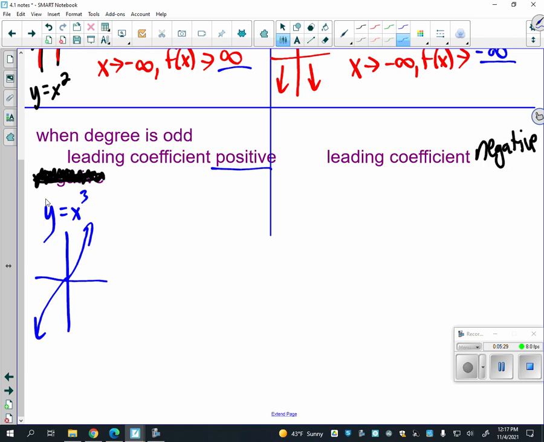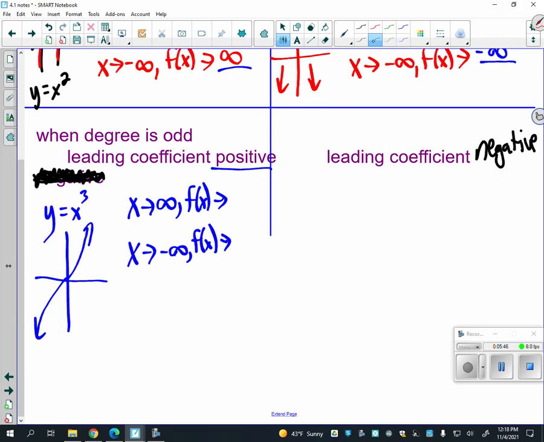For every odd degree function with a positive leading coefficient, that side, that's going to work like that. So I always do the positive side first. Some people like to do the negative side first, but I always write it like this. So again, these parts are never going to change. It's just what's happening with y that changes each time.